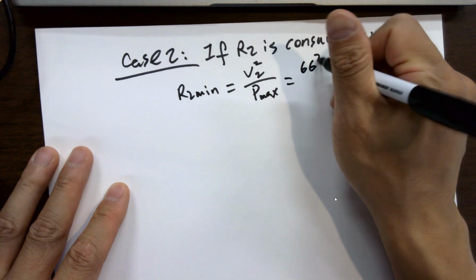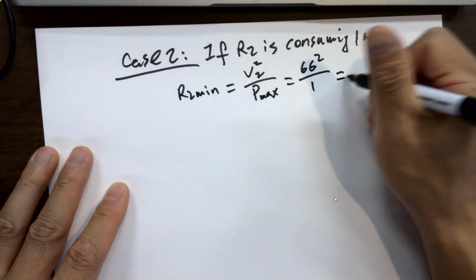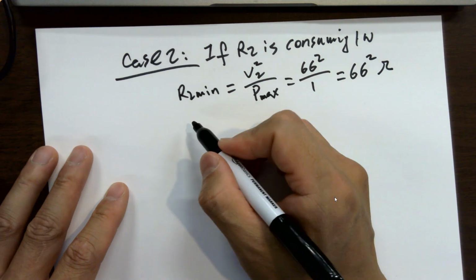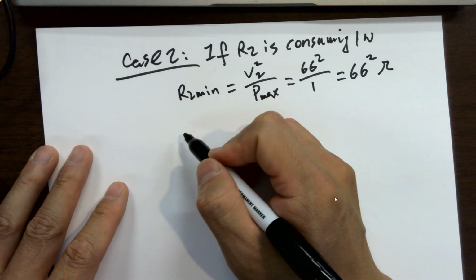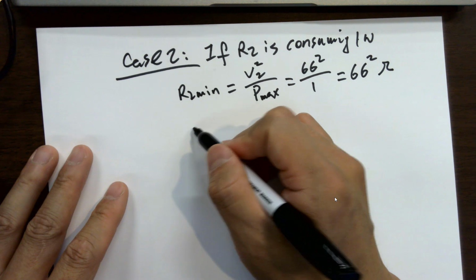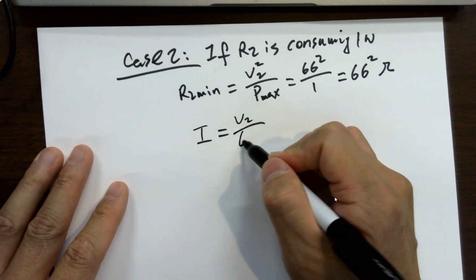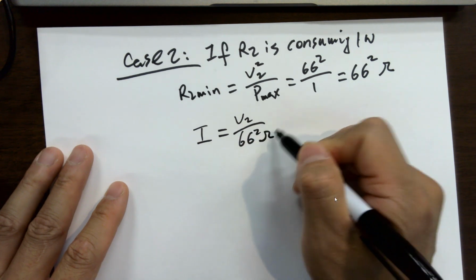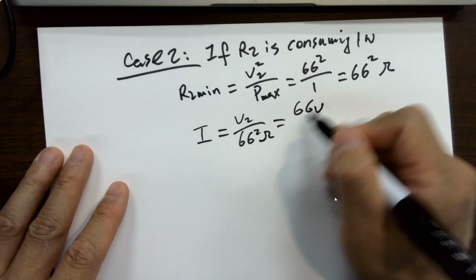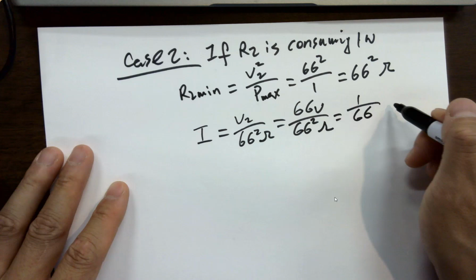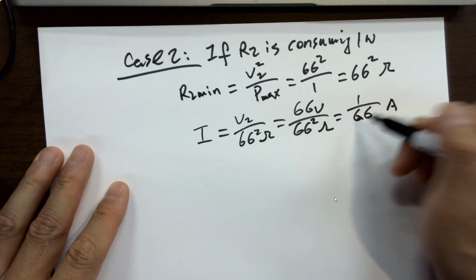So 66 volts square over 1, which is 66 square ohms. And in that case, I becomes V2 over 66 square ohms, which is 66 volts over 66 square ohms, which is 1 over 66 amps.